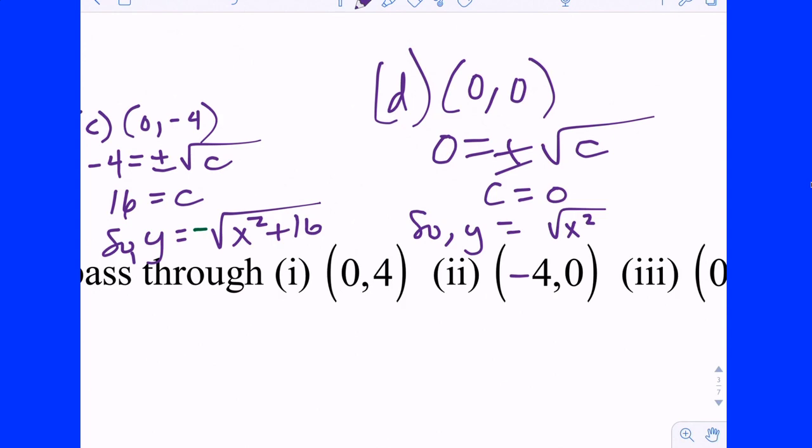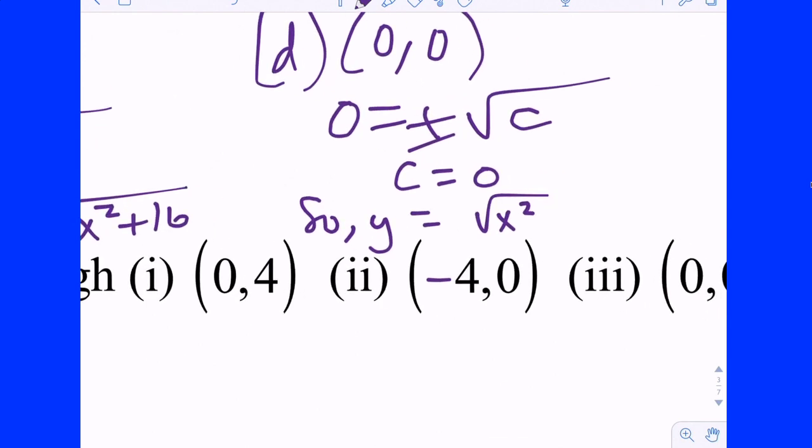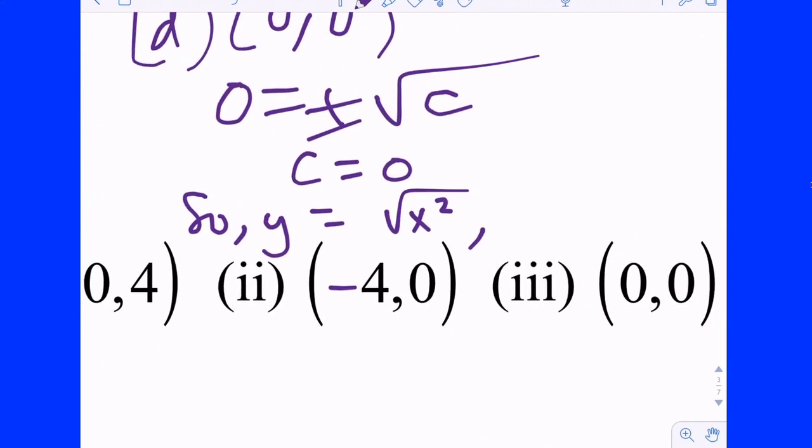Does it matter? No. So we'll leave it as plus. And of course, if you take the square root of x squared, you get y equals x, right? And it's the same domain because notice this allows all values of x. So does that. Because you're squaring it first. So that's kind of similar to what we saw in the opening with the onion bulb, where it turns into a straight line.